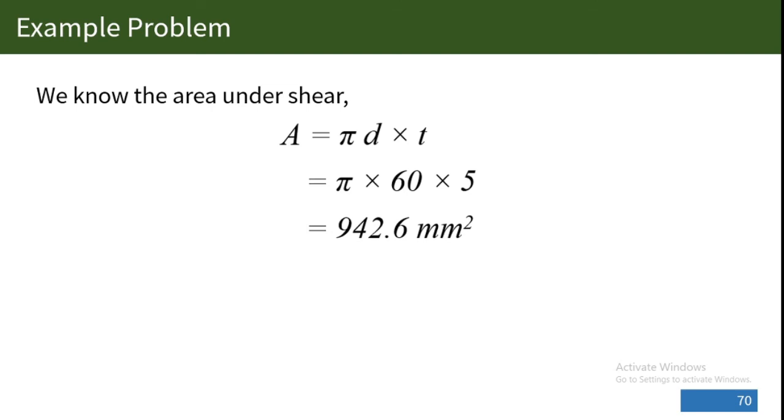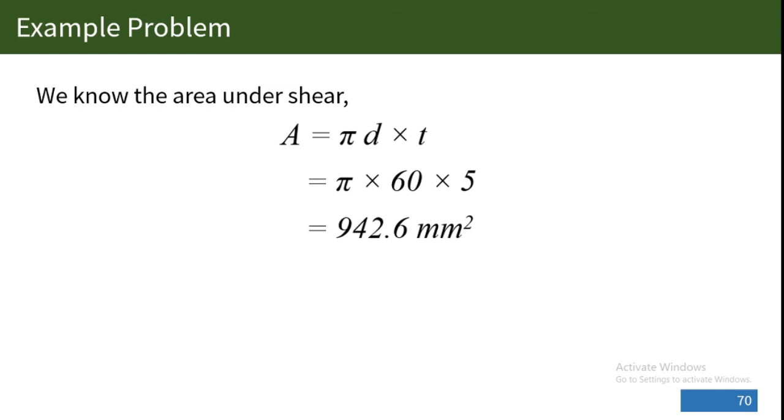We are given the diameter and thickness, so in solving the area under shear, you just simply substitute the values, and we get pi times 60 mm diameter times 5 mm thickness. Thus we get the area equal to 942.6 millimeter square.